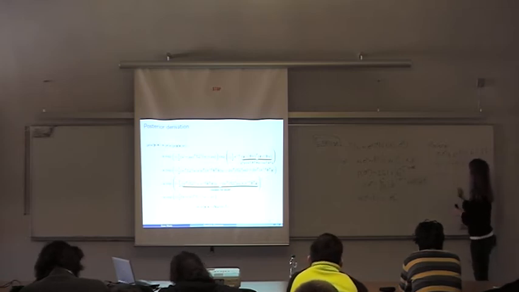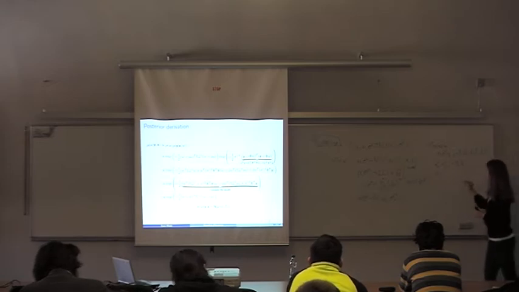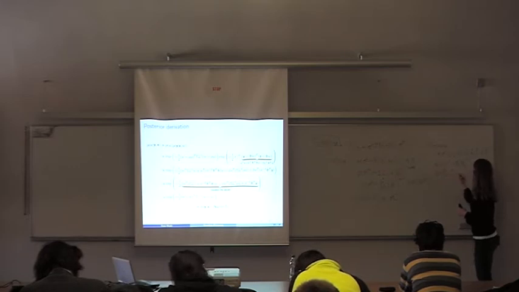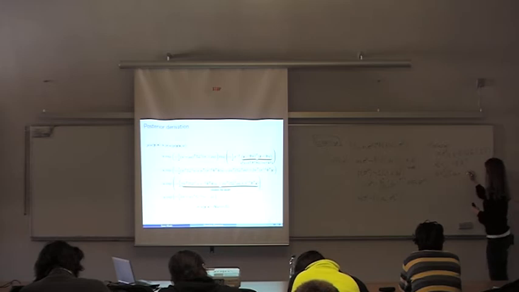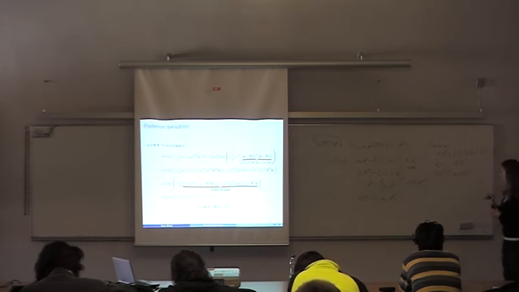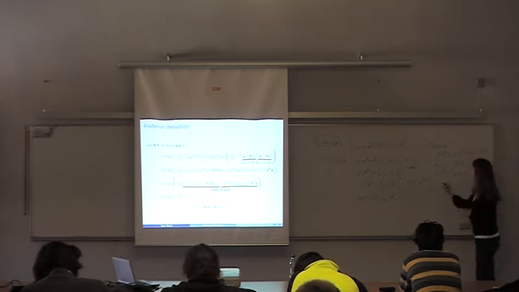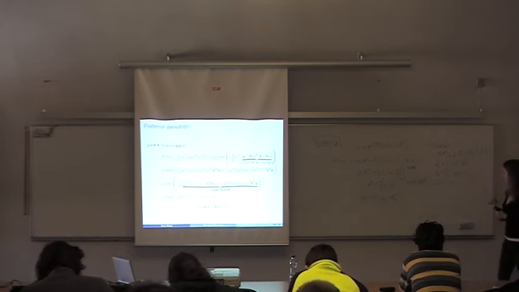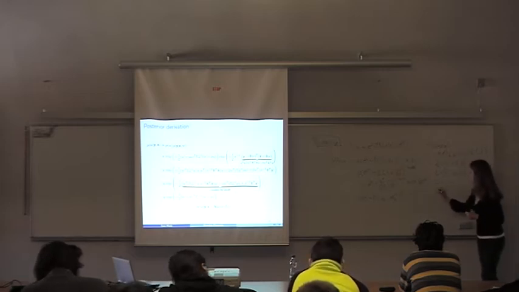W hat, our updated mean, is C hat times C inverse mu 0 plus phi transpose y. A hat is just A plus n over 2, where n is our sample size. And B hat is B plus 1/2 of a second term.